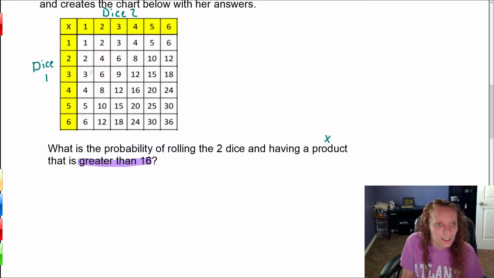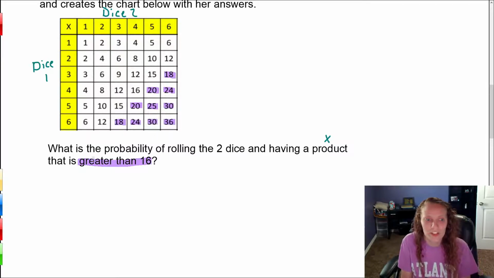None are greater than 16. Right here, 18 is greater than 16. 16 is not greater than 16, so I'm not going to highlight it, but 20 and 24 are. 20 is greater, 25, 30 is greater, 18, and all of these numbers are greater than 16.